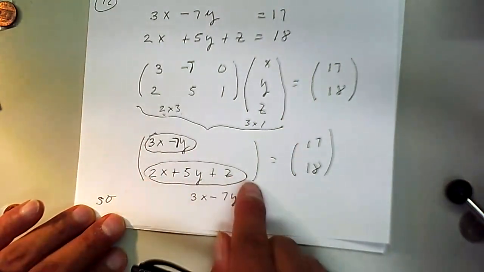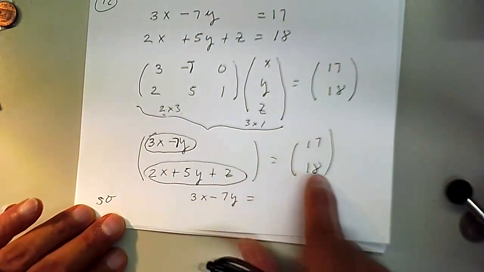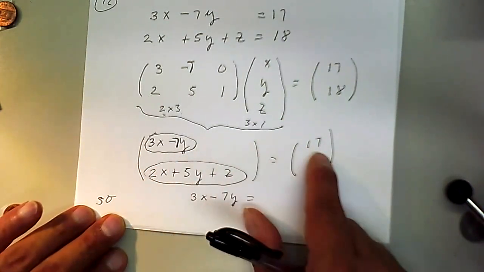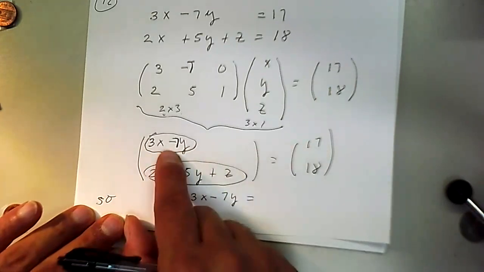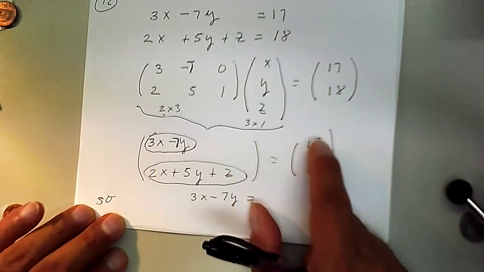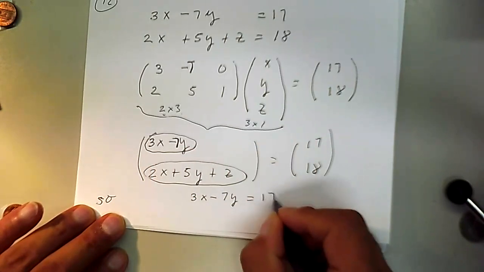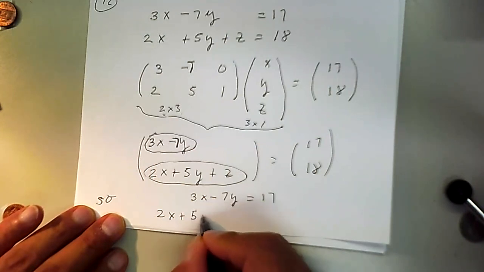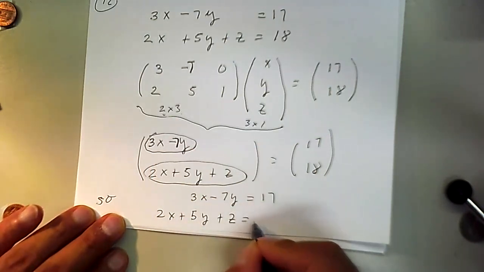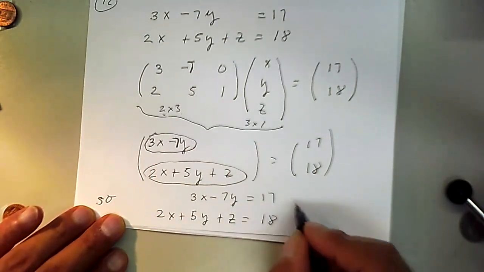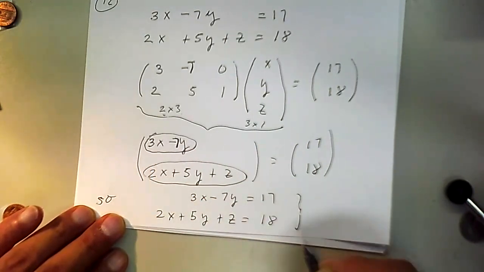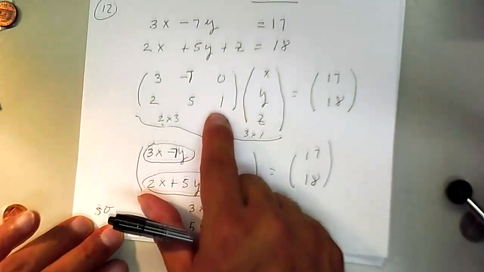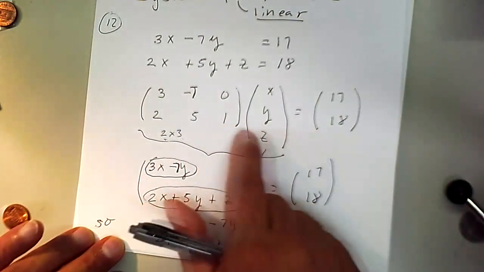This is a 2 by 1 matrix, and the only way they can be equal is if the corresponding entries are equal. So this entry has to match identically 17, and this entry, 2x plus 5y plus z, has to match identically 18. So this system of equations comes from this equation of matrices.